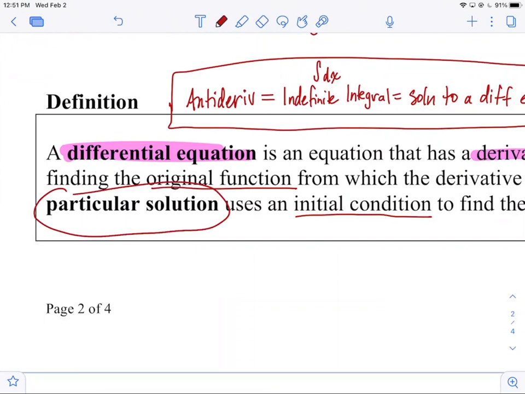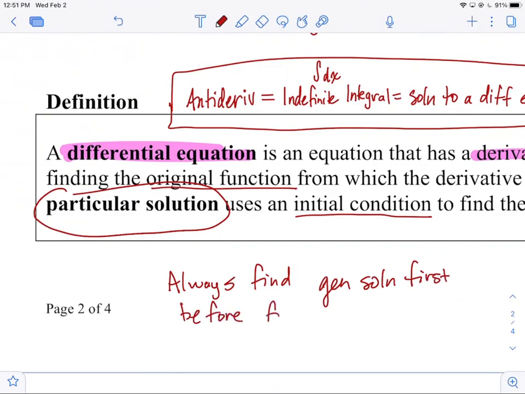That's called the particular solution, like the individual graphs that we saw up above that pass through a particular point. All right. Now here's the thing. You always find the general solution first before finding the particular. That's the sequence. You can't go straight to the particular.